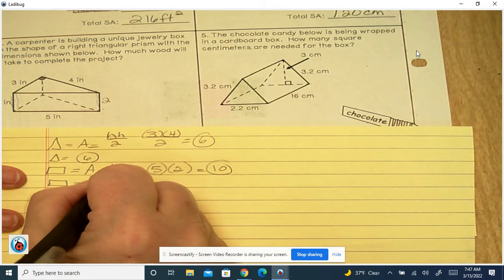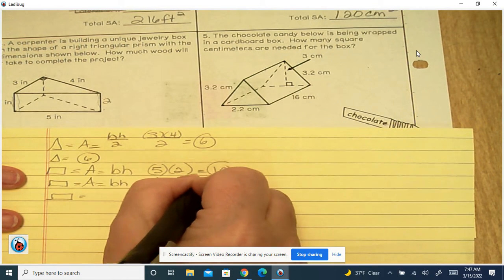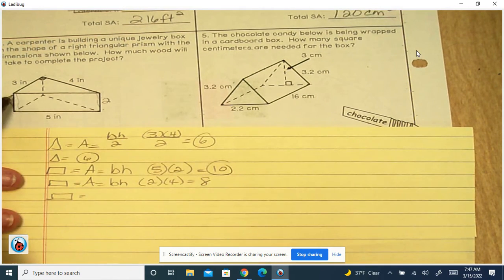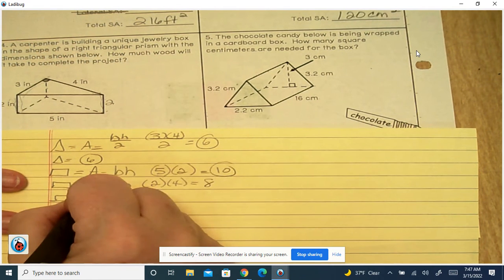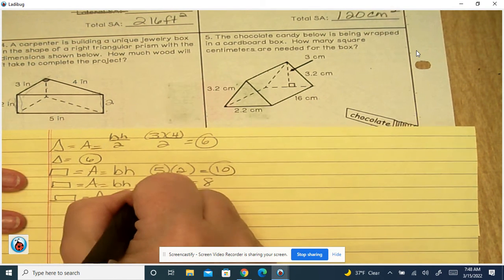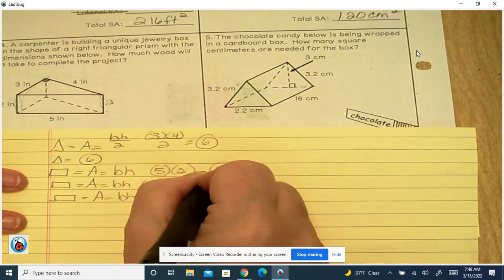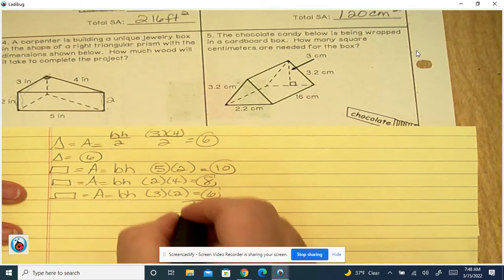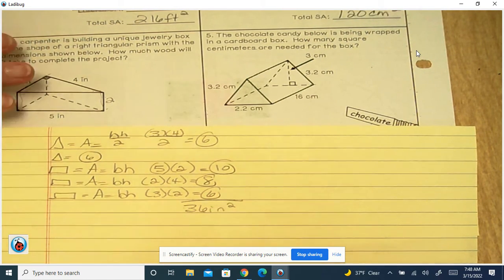So for area equals base times height, we've got 2 times 4, which equals 8. And then on the back side, we see that this one's 2 and this one's 3. So for the area equals base times height, we got 3 times 2, which is 6. And if you add all of those up, you get 36 inches squared.